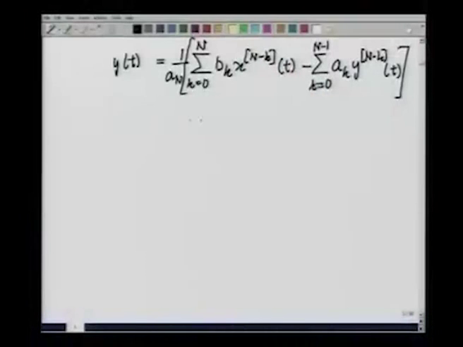We will assume that, as usual, we have y of t available to us. So, let us say that this is y of t, which is equal to y 0 of t. What do we need? We also need the successive integrals of y of t, and the successive integrals of x of t.